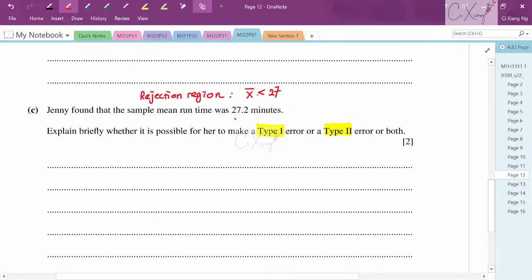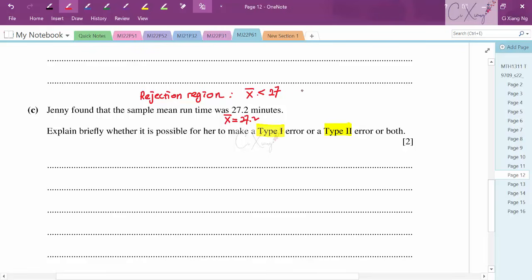Now we can say that this is the test statistic, like the observed value. The observed value is 27.2. That means it is actually more than 27, and we didn't reject the null hypothesis. The null hypothesis is not rejected.